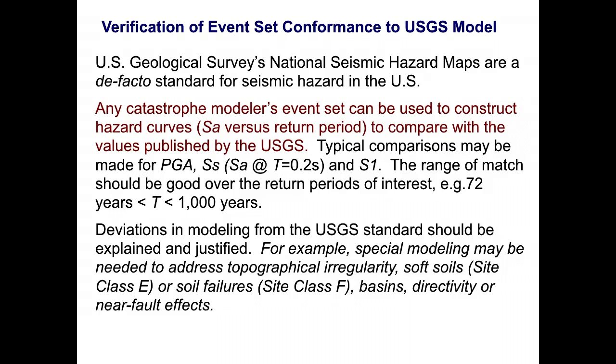A typical comparison might be made for PGA or for short period spectral acceleration or for the 1 second spectral acceleration, and you may want to compare over a range of return periods, something like maybe 72 years to maybe 1,000 years, and we may want to do it on a standard ground condition like the soft rock ground condition, intermediate between site class B and C.